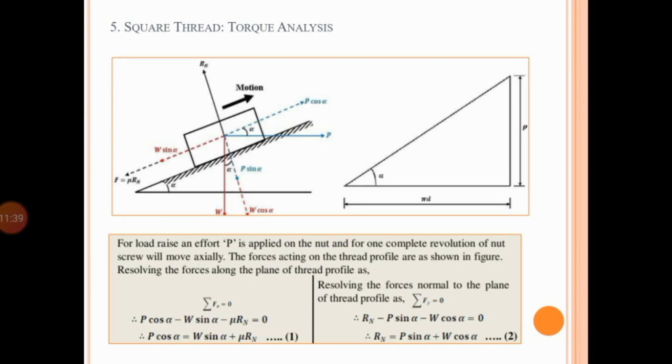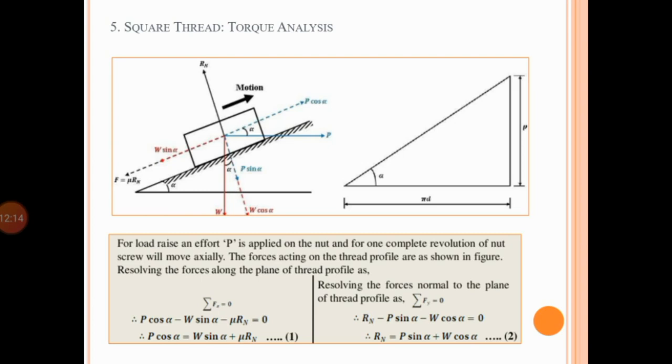Now look at the diagram that you have been given. In the left hand side diagram, there is one block and four kinds of forces acting on it. The weight W is acting in the downward direction, and due to the weight W, there is a normal reaction acting in the upward direction perpendicular to the surface, whereas the P force is acting in the horizontal forward direction, which is responsible for moving up the load, whereas the frictional force is definitely acting in the direction opposite to that of the moving body.